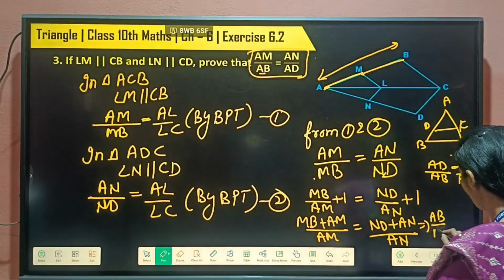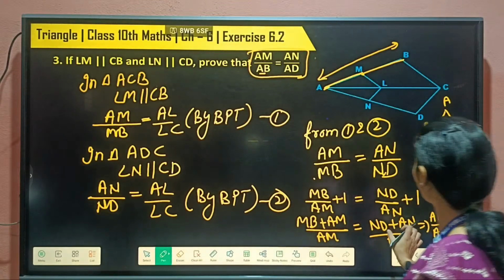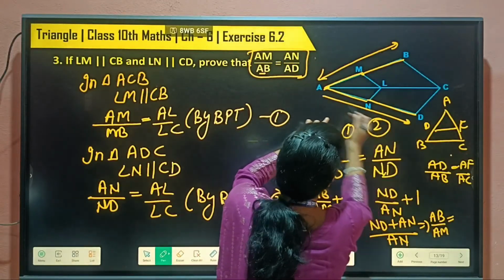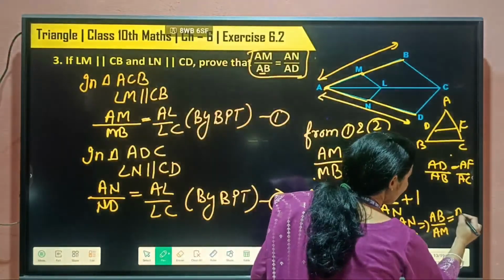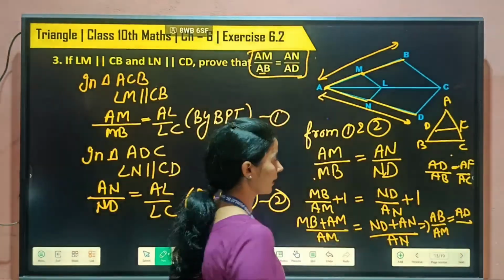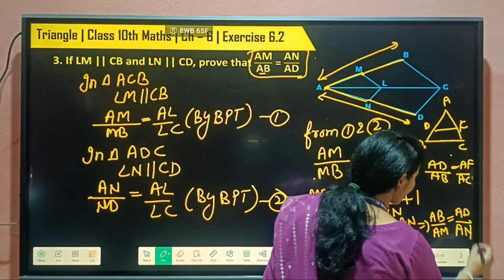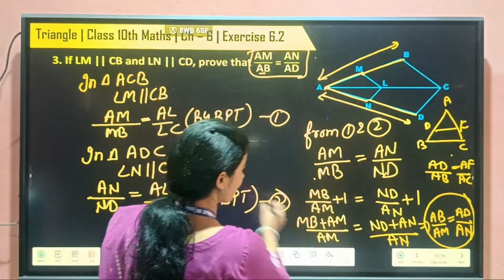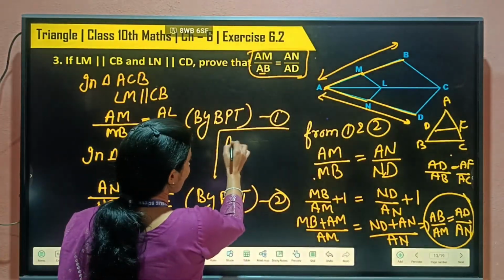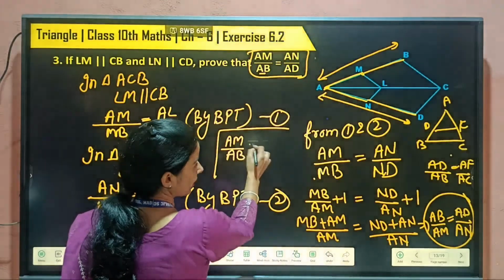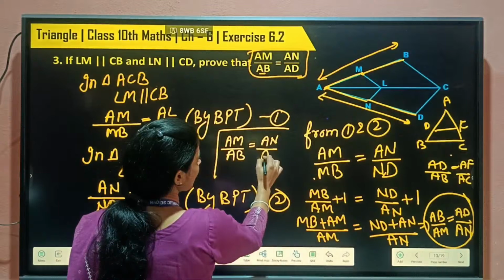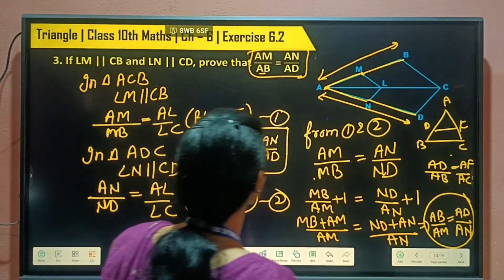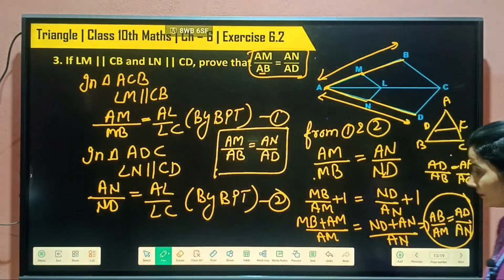ND plus AN, I will get AD. So AB by AM equals AD by AN. Take its reciprocal, and you will get AM by AB equals AN by AD. This is the same as what we had to prove. Question number 3 is completed.